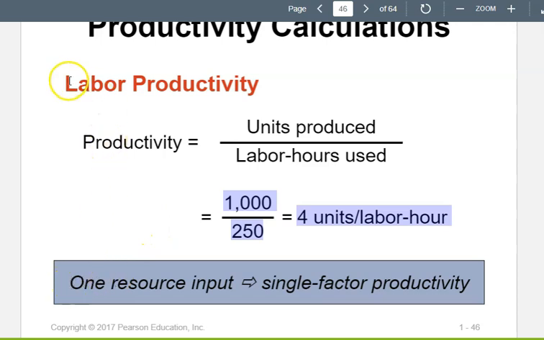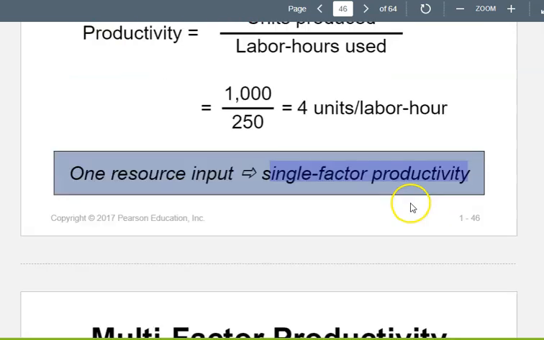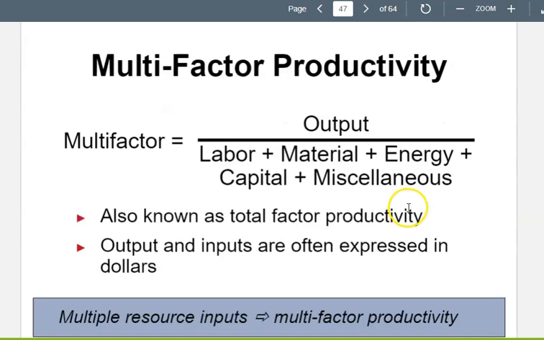And in this formula of productivity that we just saw, you have one resource of input. So that's considered single factor productivity. We can also consider multiple factor or multi-factor productivity. Multi-factor productivity is when you have multiple resources of inputs, like labor, material, energy, capital, and other things, right?